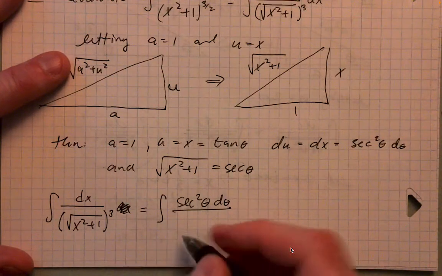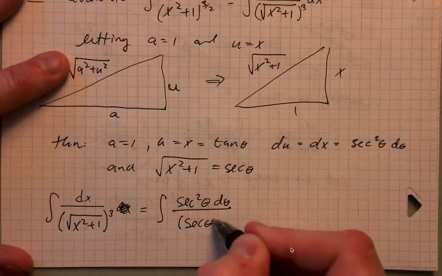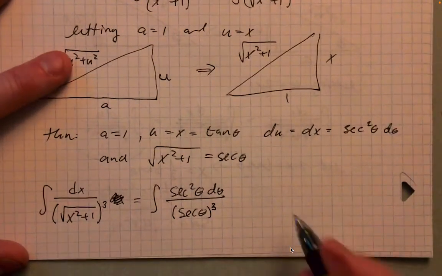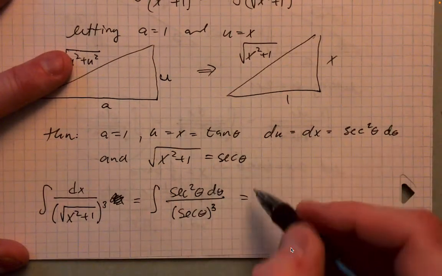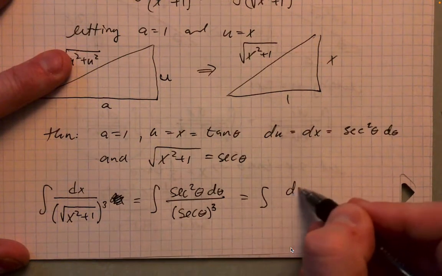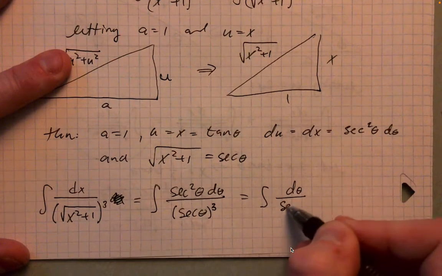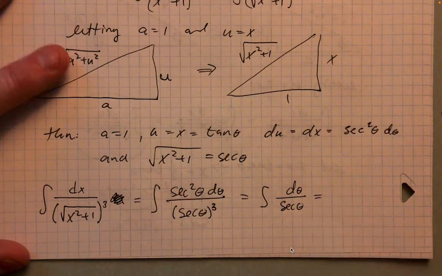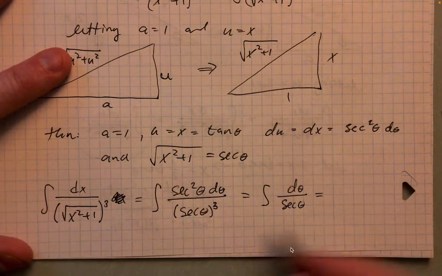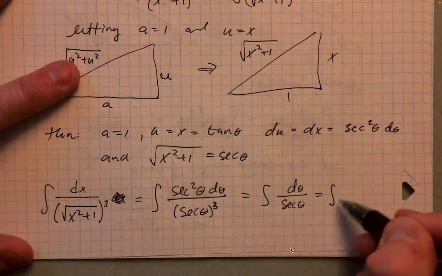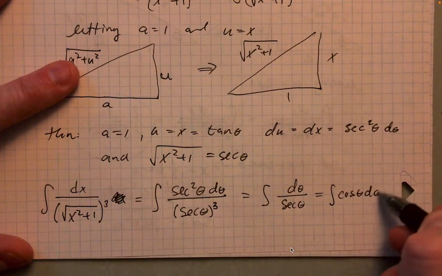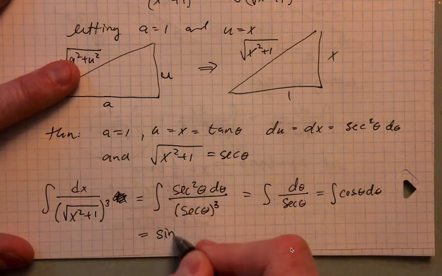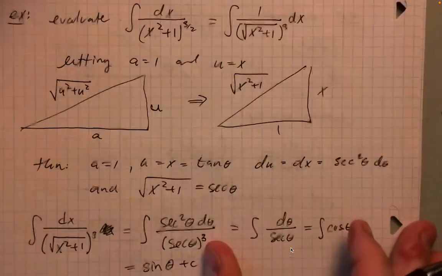Well, it's right here. So that's secant theta, and the whole thing is cubed in the bottom. And so, again, you get a nice cancellation, and you get d theta over secant of theta. And so, of course, that's just the integral of cosine of theta d theta, which is what? Sine of theta plus c.